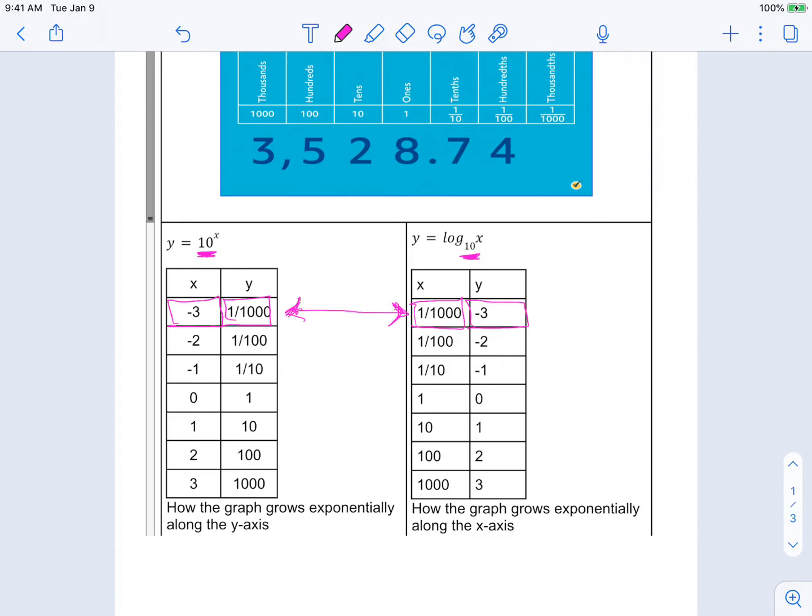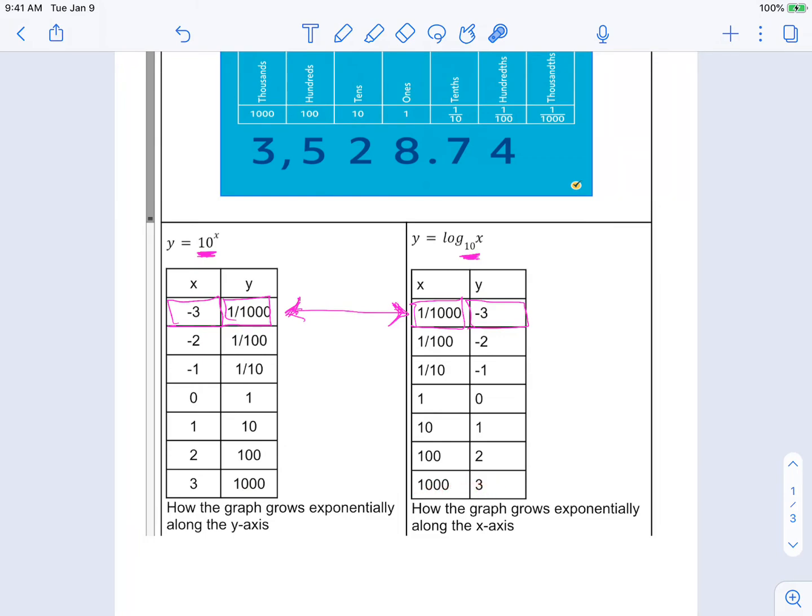And they have a relationship: the x and y values have switched places. That's going to be true all the way down this column. These two switch places, and these two switch places, and so on. All the way down, my 3 and 1,000 just switch places.